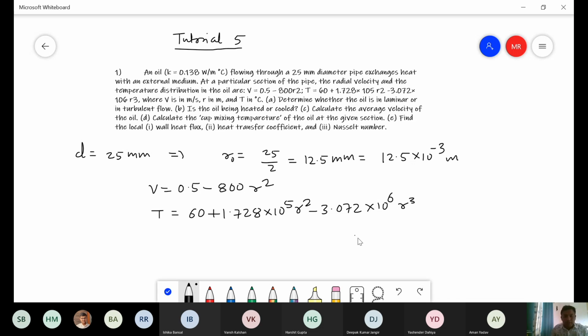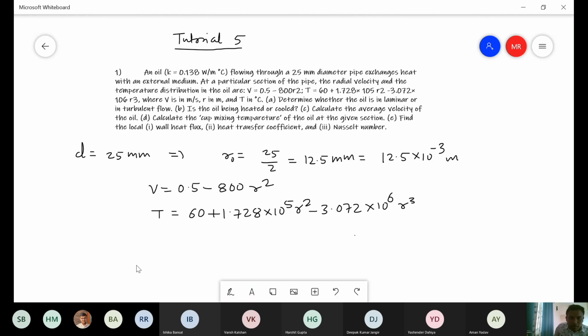Now we can rearrange this velocity profile. In the velocity profile, V is given as 0.5 minus 800 R square. So clearly the velocity is a function of R square, isn't it?